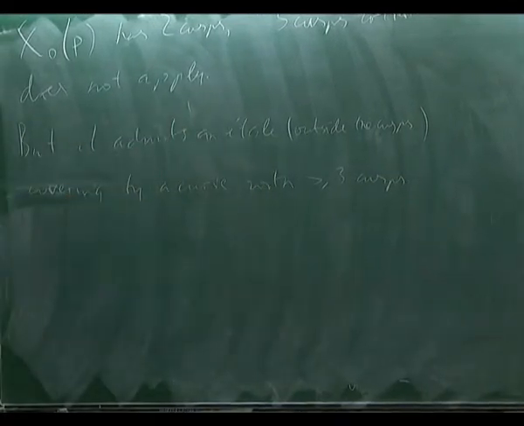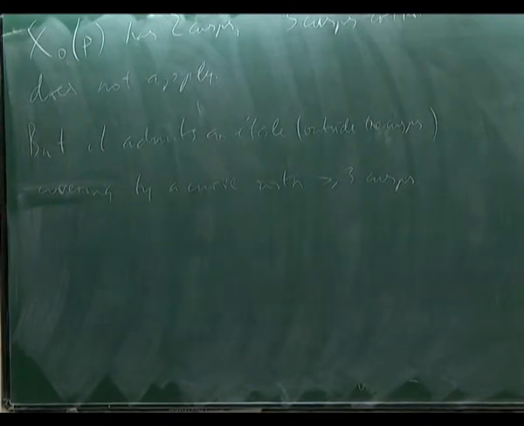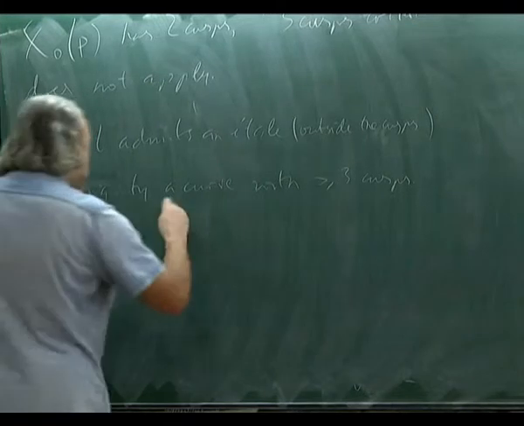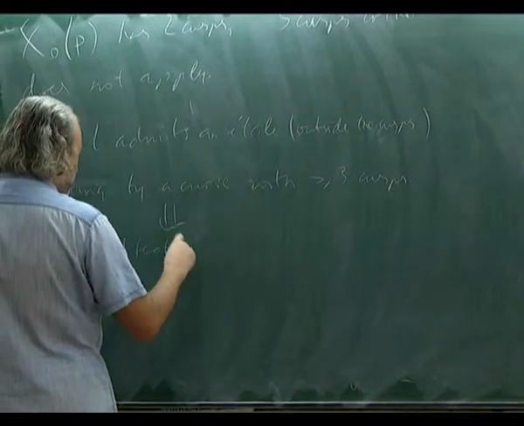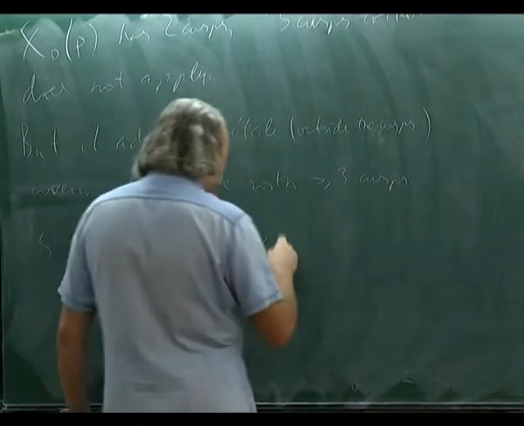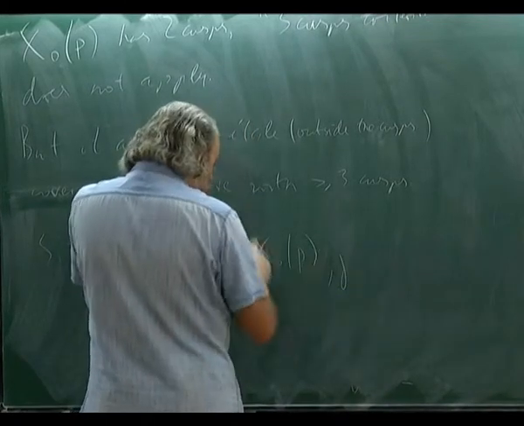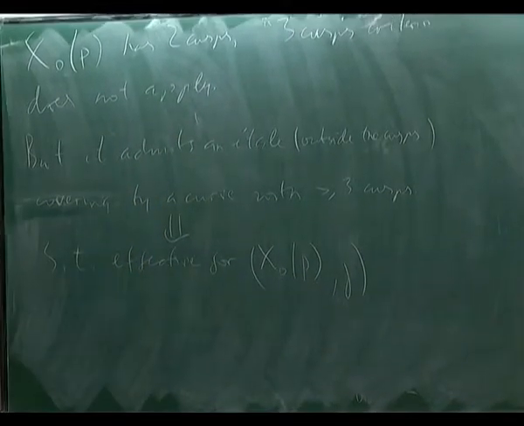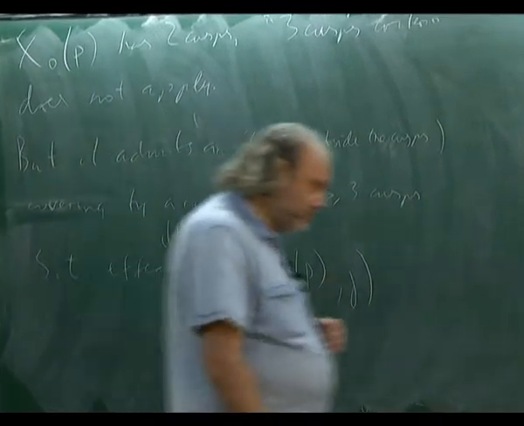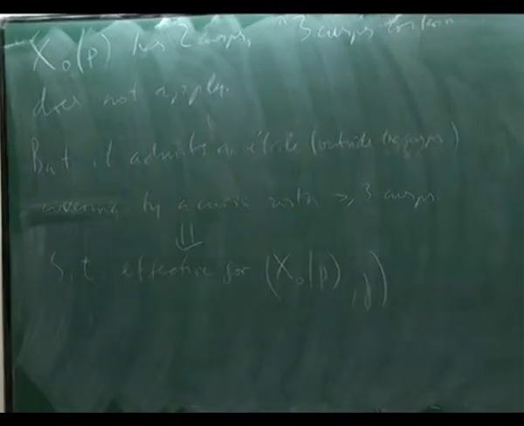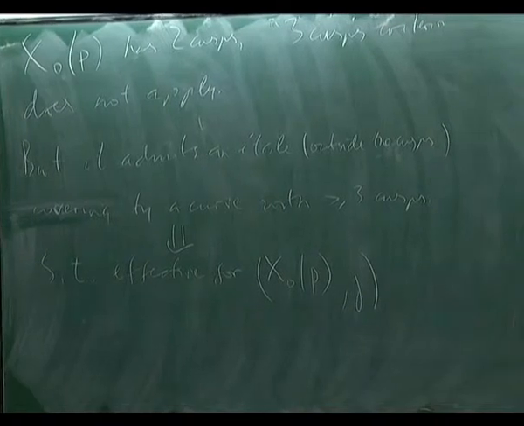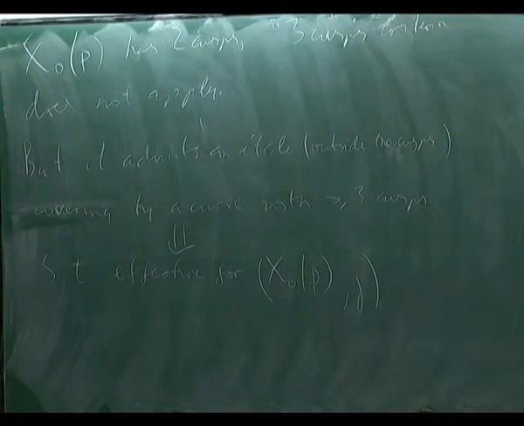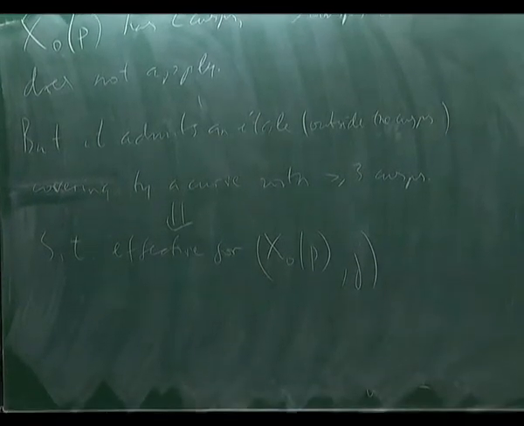And so, adding to this the Chevalley-Weil principle, we obtain that also Siegel's theorem is effective for X0 of p. And again, Momose obtained some bound, but this time, well, I don't like the bound he obtains. I think that one can do much better than what he does. So I invite you to do it better.